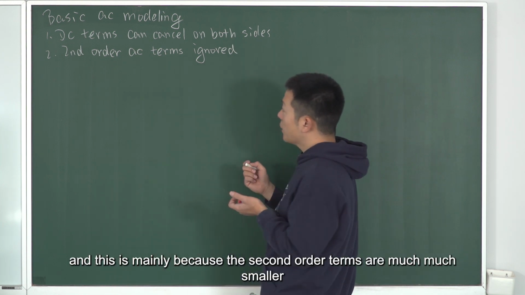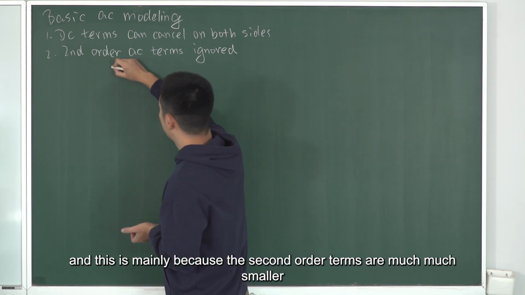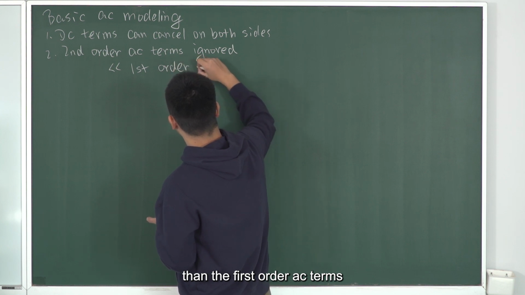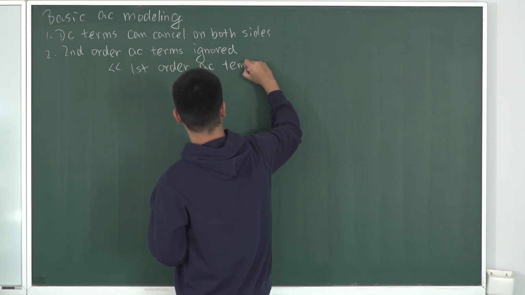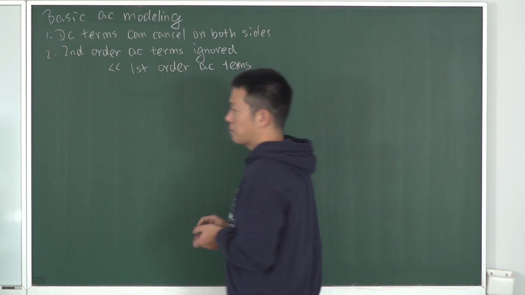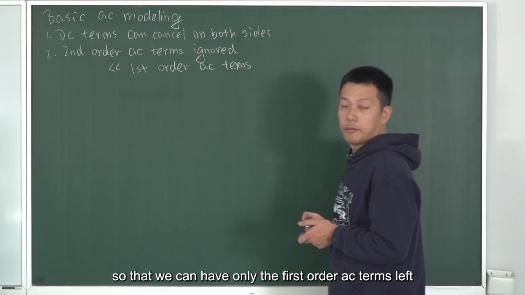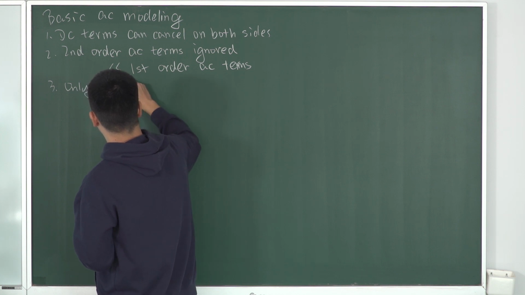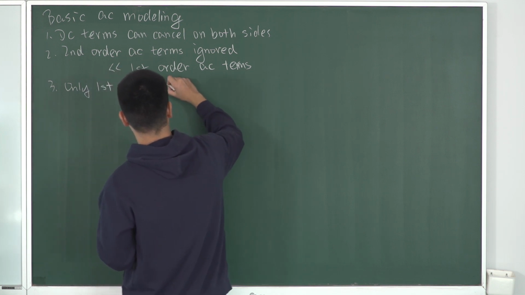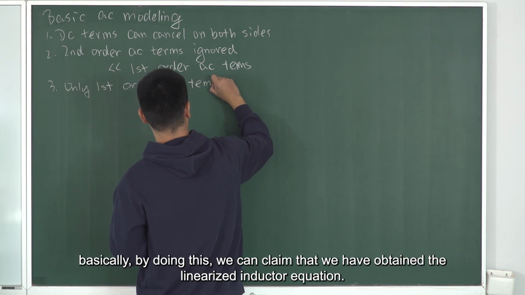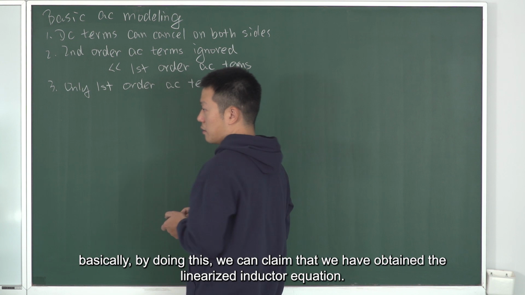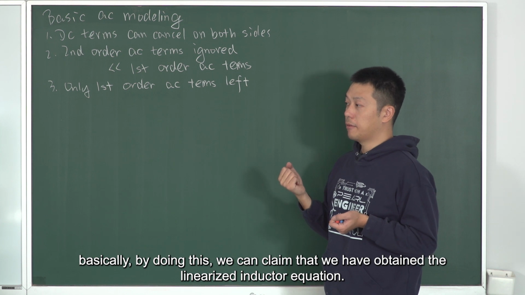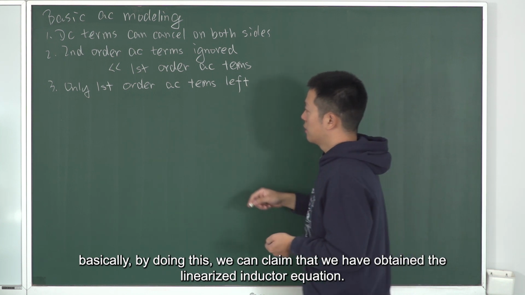This is mainly because the second order terms are much smaller than the first order AC terms. So that we have only the first order AC terms left. By doing this, we can claim that we have obtained the linearized inductor equivalent.